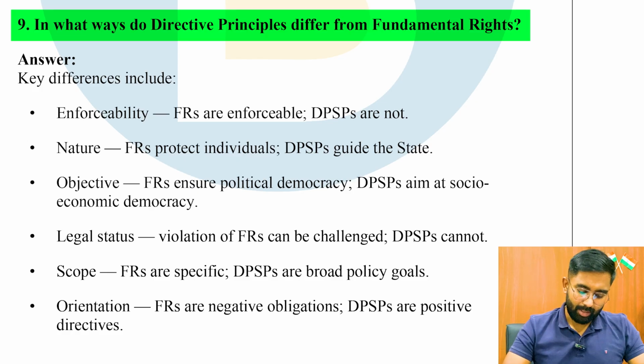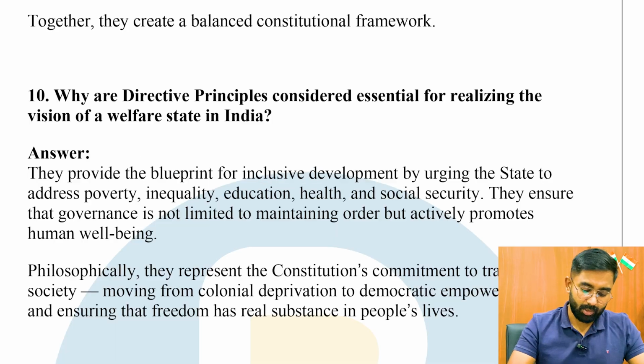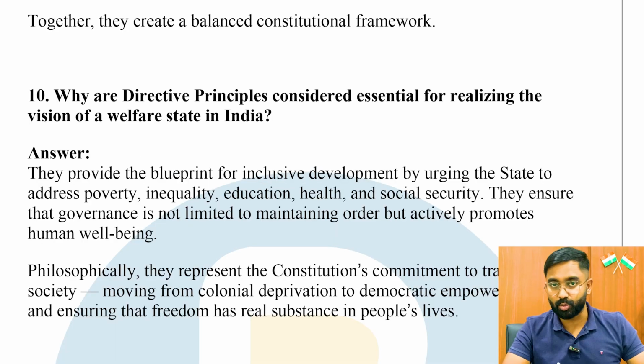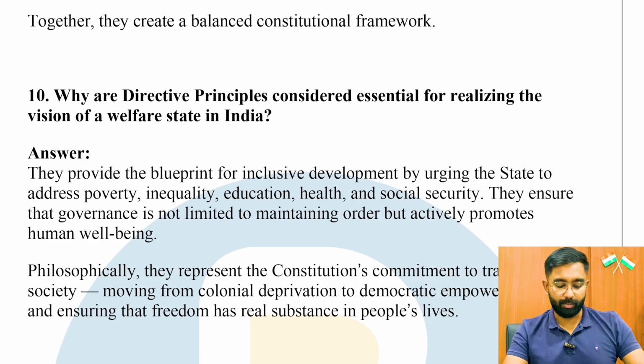That is the difference between fundamental rights and DPSPs, and together they create a balanced constitutional framework. Both act as the philosophical part of the Constitution as well. So this is also very important.